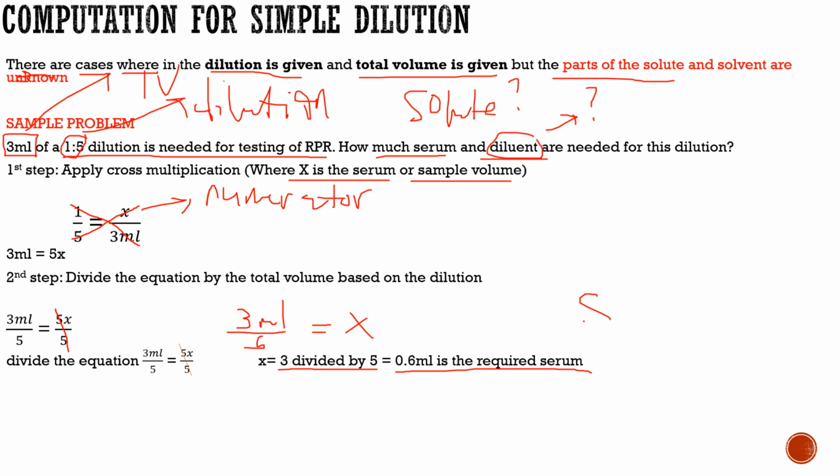So, you were able to identify your solute already. 0.6 ml ang kailangan mo na serum to do this equation. Okay? Now, you want to find out pa, merong isa pa, how much is your diluent? Again, for you to get the diluent, babalik tayo doon sa total volume.